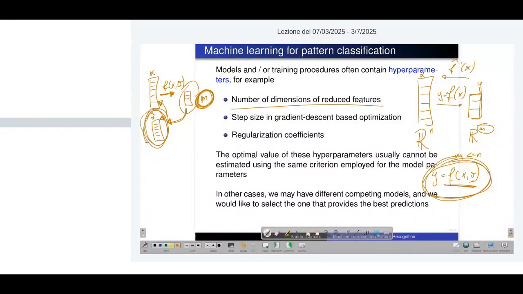Now, if our goal is to find a model where we compress information and then decompress it in a way that the decompressed version is as close as possible to the original information, then a trivial solution is to set m equal to n. If we set m equal to n, we have a subspace that has the same size as the input space.